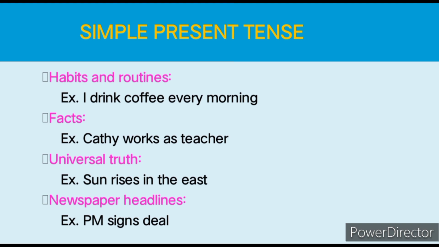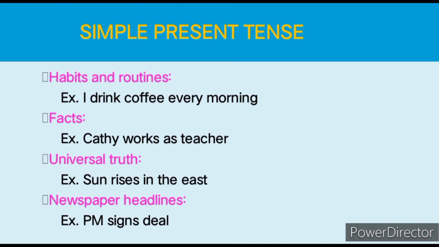Simple present tense is used to show our habits and routines. It is also used to show day to day facts. For example, Kathy works as a teacher. It is useful to show universal truth. For example, the sun rises in the east.